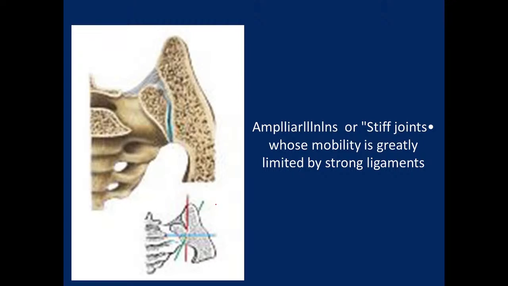In amphiarthrosis there is a short, tightly stretched joint capsule and very strong non-stretching ligaments, as you see here between the pelvis bone and the sacrum. This is the amphiarthrosis. Almost not movable, sometimes we call it a fixed joint.